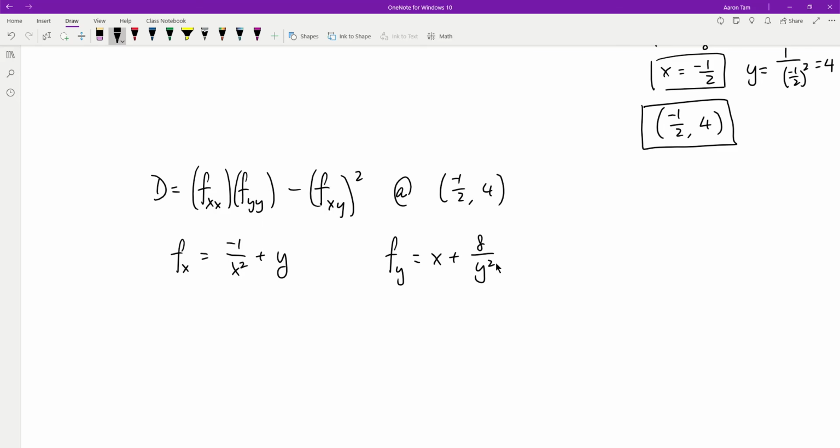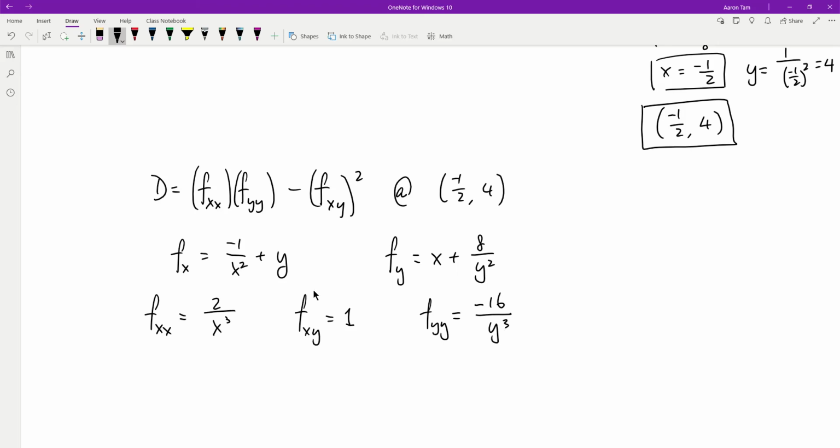Now if I take the derivative again, fxx will equal 2 over x to the third, and fxy will equal 1, which is the same as fyx. Fyy will equal negative 16 over y to the third.